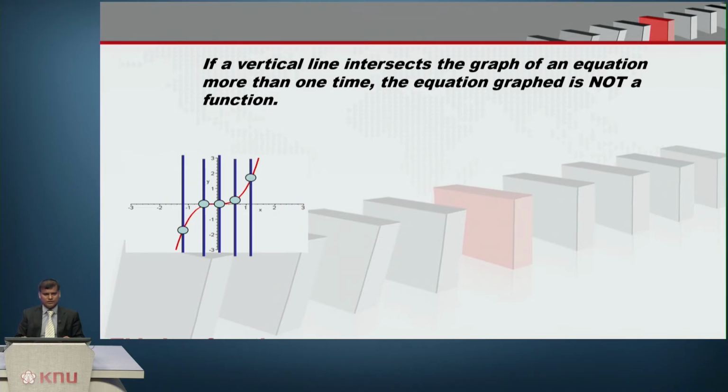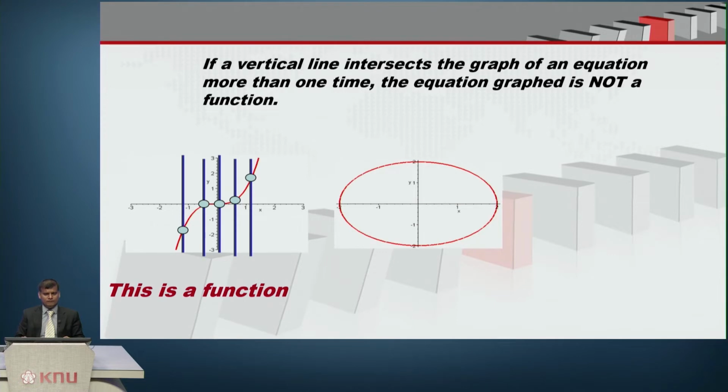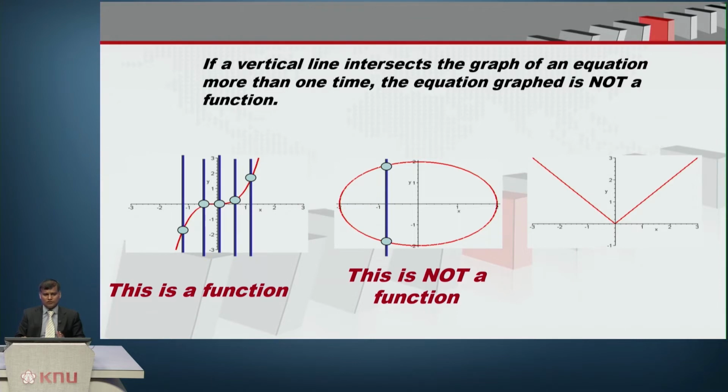Yes, so this is a simple function, whereas here you have a kind of elliptical or circular structure, and you can see the vertical line crosses both sections, it intersects.